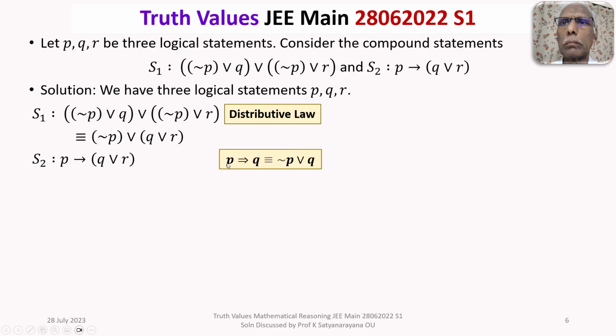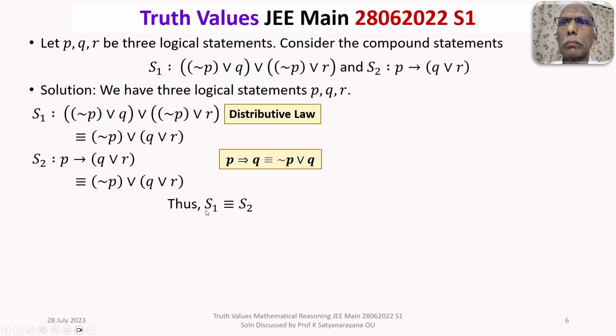That is, P implies Q is equivalent to negation of P or Q. So in our case, it is equivalent to negation of P or, in brackets, Q or R. Notice that these two equivalent statements are one and the same. That means S1 and S2 are identically equal, that is to say, they are equivalent.